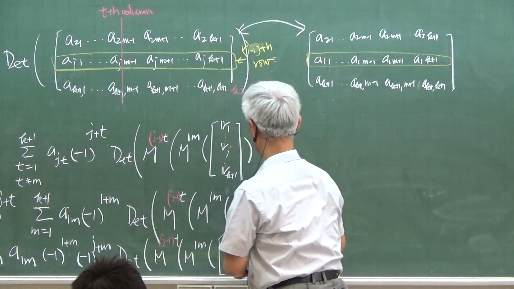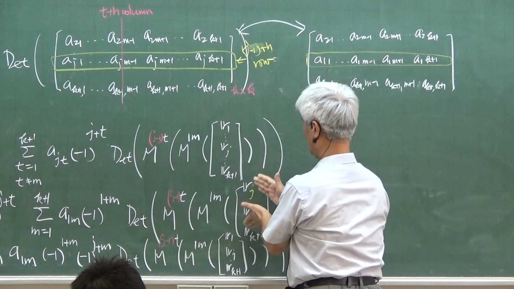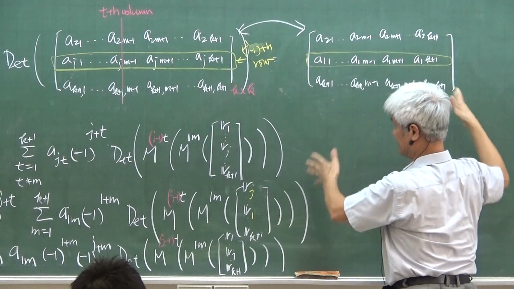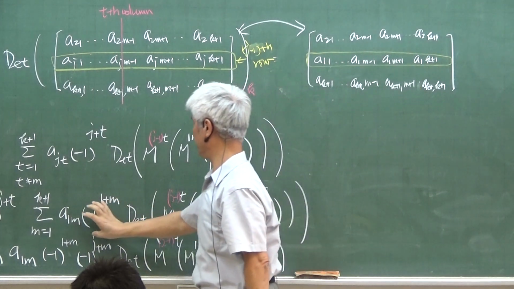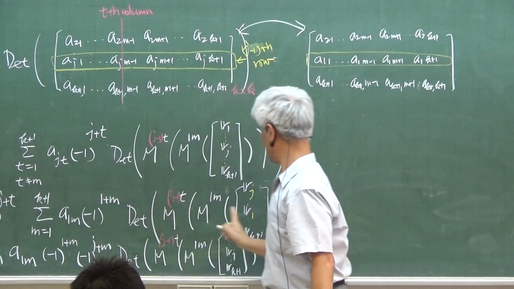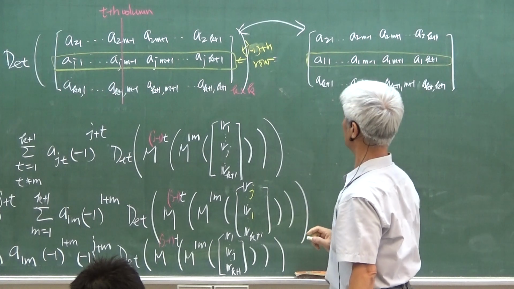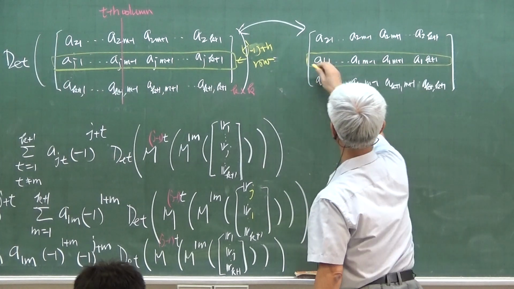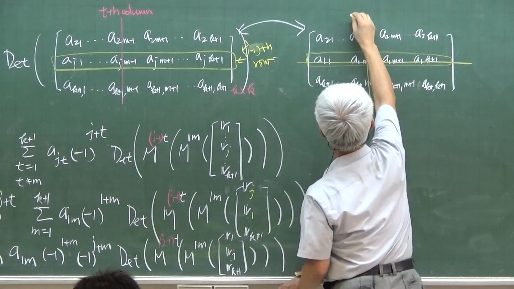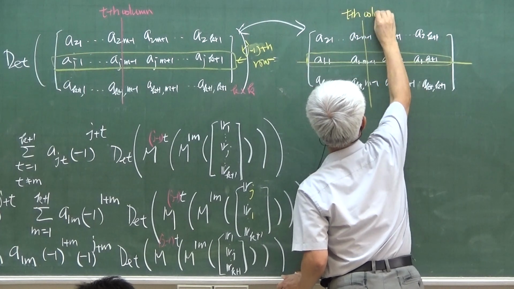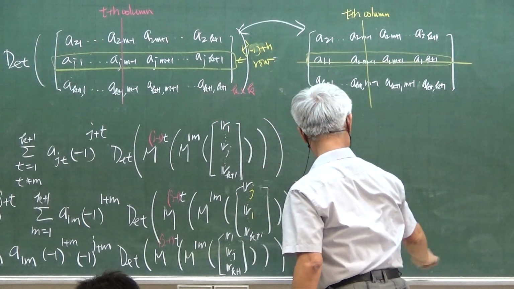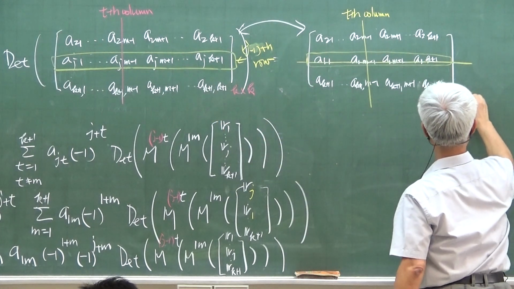Okay, so because we will remove these two rows, they will be the same. Okay, and so we can fill in the entries that are included here. Right, so if we remove this row, this column, you see that compared with these two, this is also a k by k matrix, right?